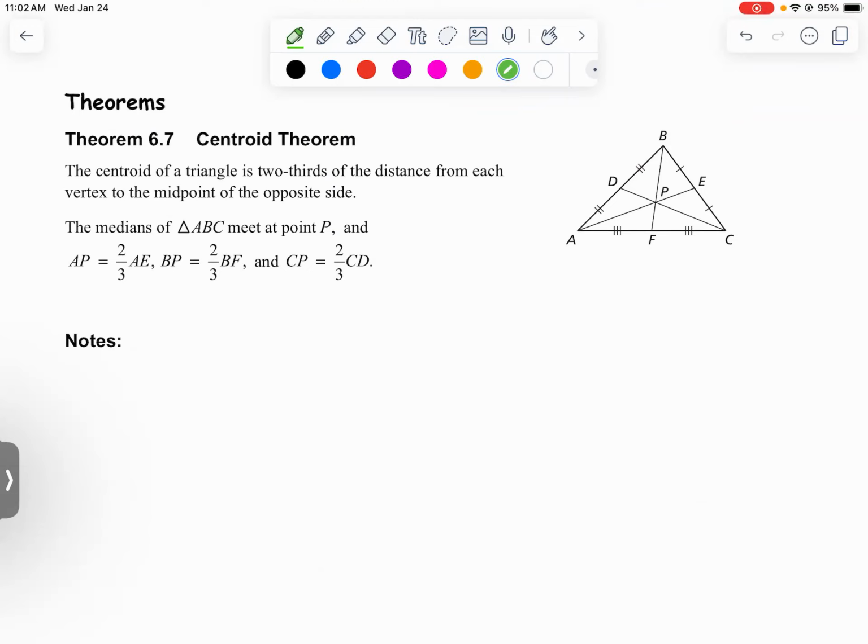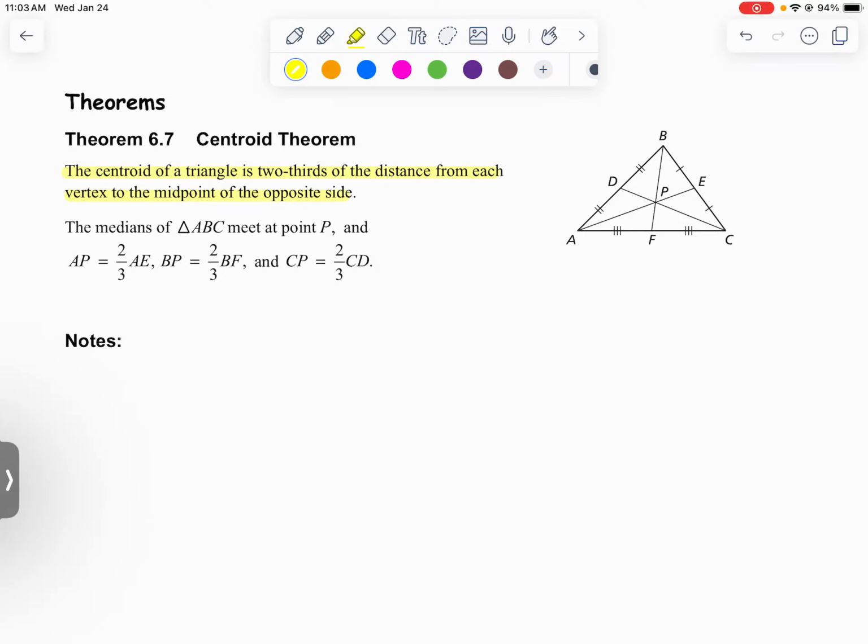What this is saying is that the centroid is 2/3 of the distance from each vertex to the midpoint of the opposite side. I really don't love that sentence. I find it really confusing. Essentially, the centroid is breaking up one of our medians into a 1/3 and a 2/3 chunk.